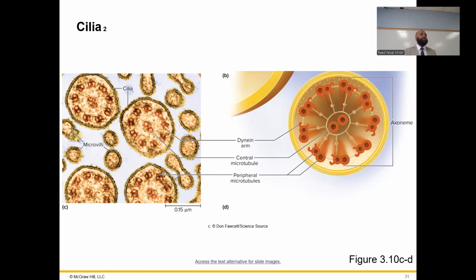The difference would be structural, because the microvilli are important for increasing surface area, and they have microfilaments, while the cilia are important for movement. They're not important for surface area, and they do not have microfilaments. Cilia have microtubules. Very good.